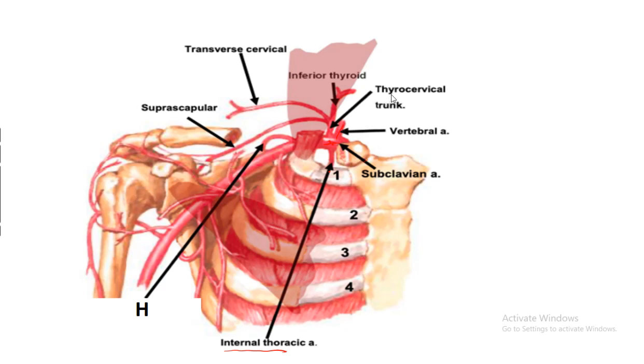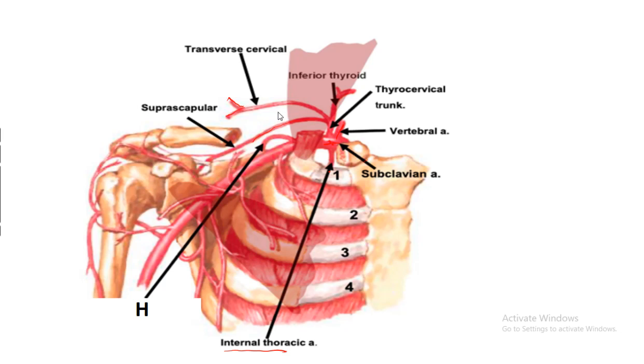Then you're going to have the thyrocervical trunk, which will give rise to 3 branches: the inferior thyroid, then the transverse cervical. The reason why this is known as the transverse cervical is that it's also going to send more branches. Then from there, you're going to have the suprascapular artery.